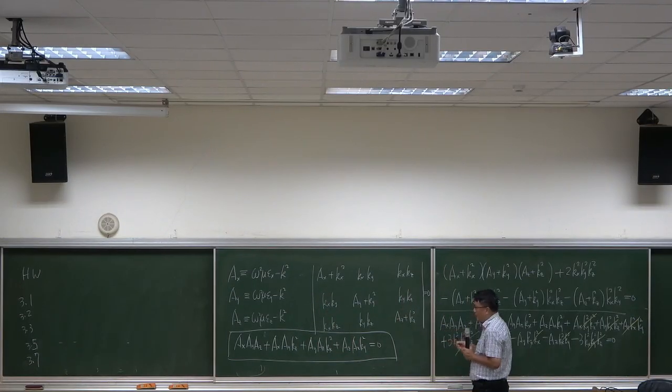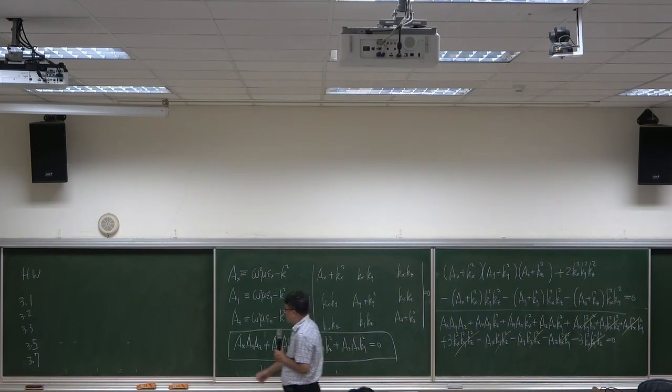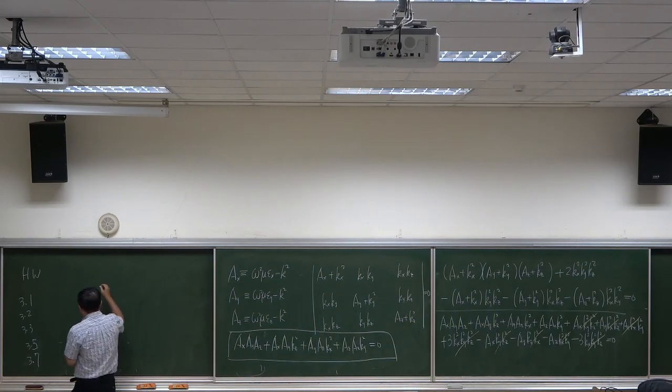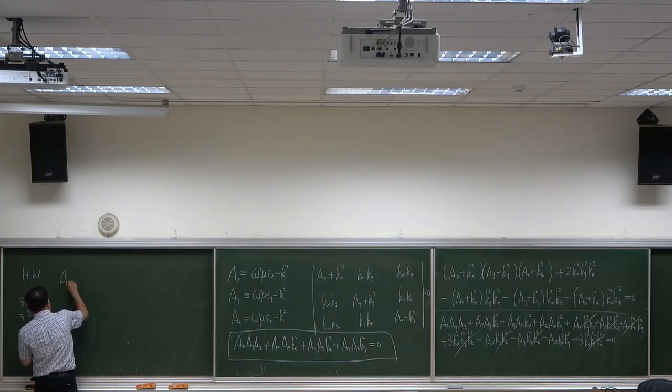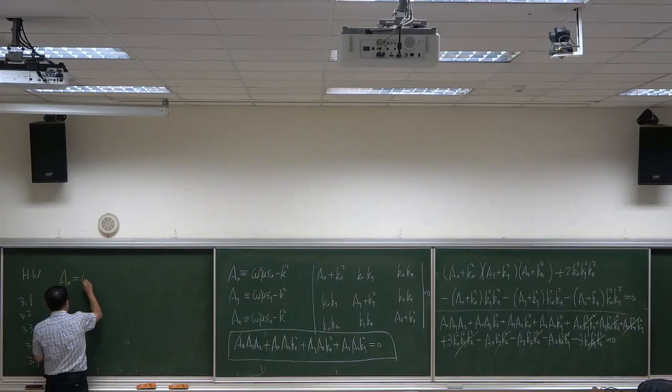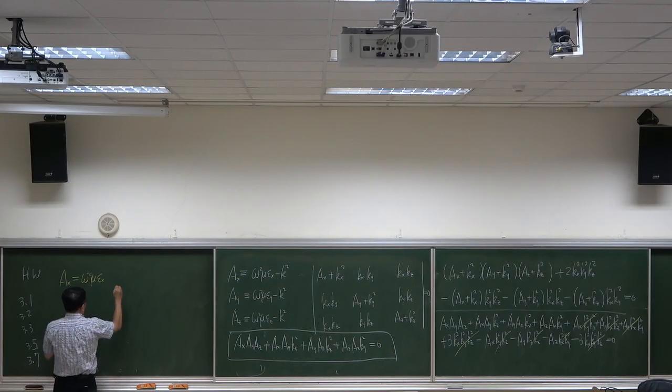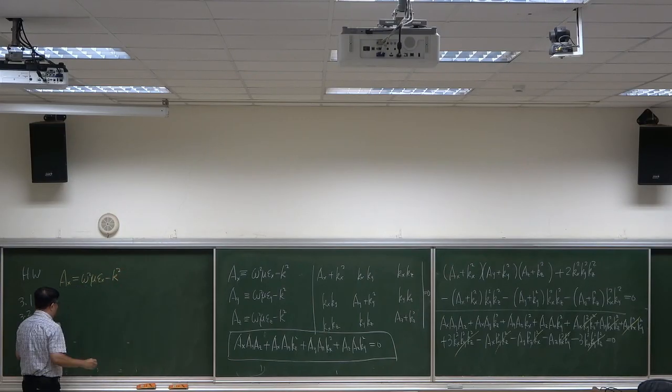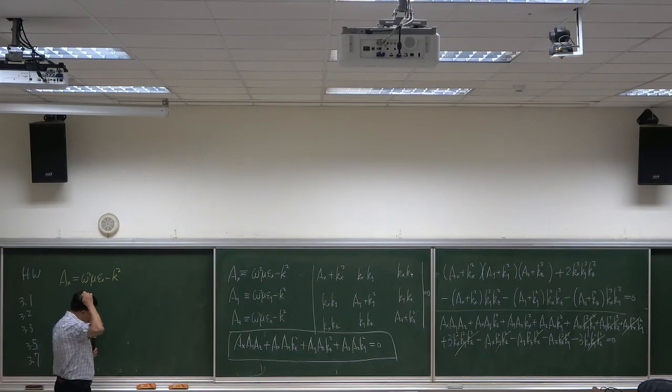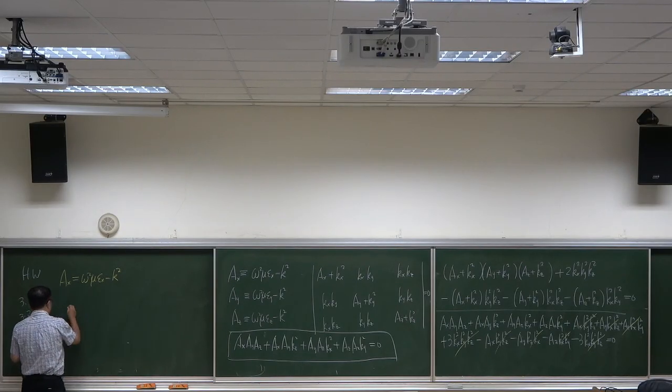So now we have this relation. And what does it mean? First, we know that Ax is equal to omega squared mu epsilon x minus k squared. And now we define three quantities.